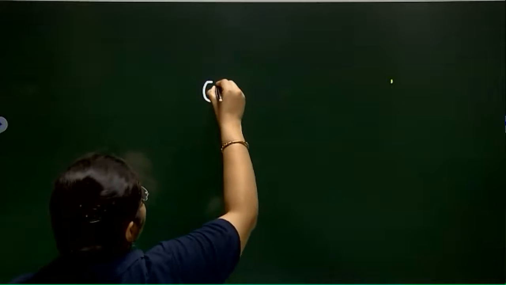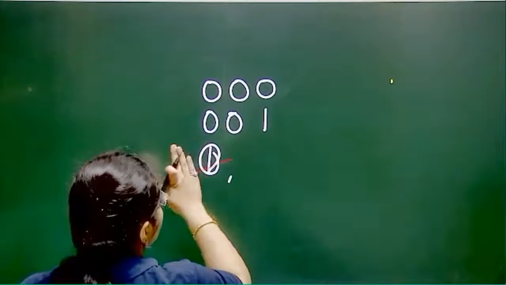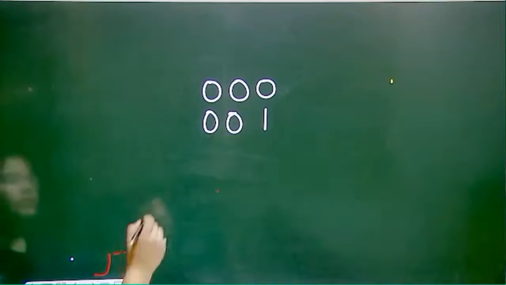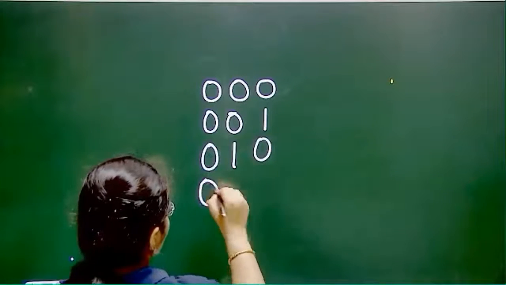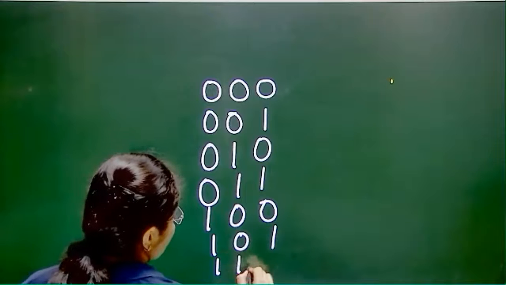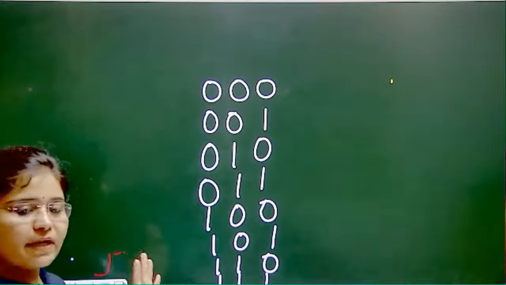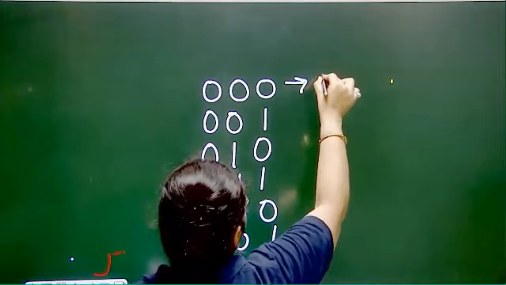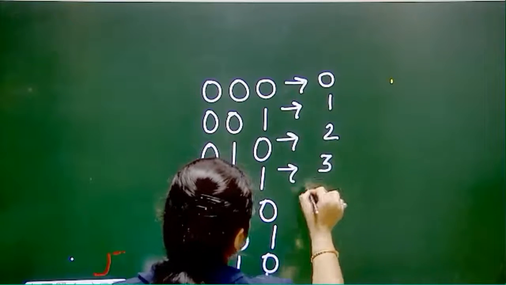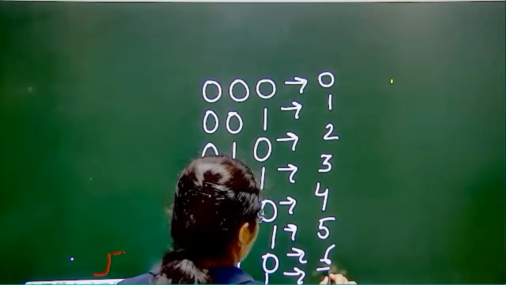Okay, so note this: 0 0 0, 0 0 1, 0 1 0, 0 1 1, 1 0 0, 1 0 1, 1 1 0, 1 1 1. ओके, अब मैक्सिमम 1 1 1 आ गया, इट मीन्स आपका 7 आ गया. नाउ इन ऑक्टल वी कैन राइट इट 0, this is 1, this is 2, this is 3, this is 4, this is 5, this is 6, and last one is your 7.